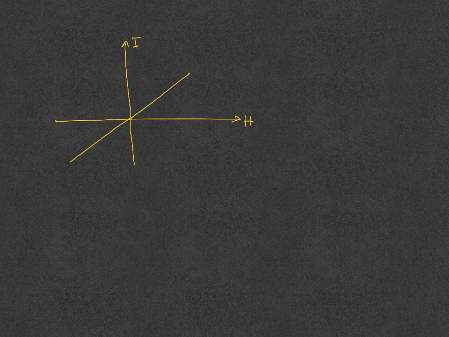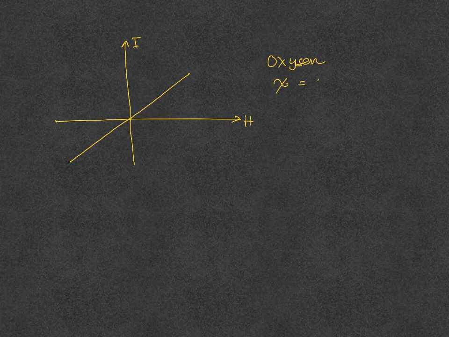Say for example, I'll tell you, for oxygen susceptibility is 0.18 into 10 to the power minus 5. So see how small it is.